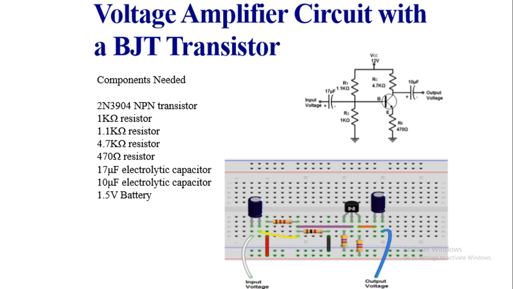Then another capacitor of 10 microfarad and the output voltage, an electrolytic capacitor and a battery, and the connection in the body here. This is a voltage amplifier circuit to amplify the input and get an output with high voltage.